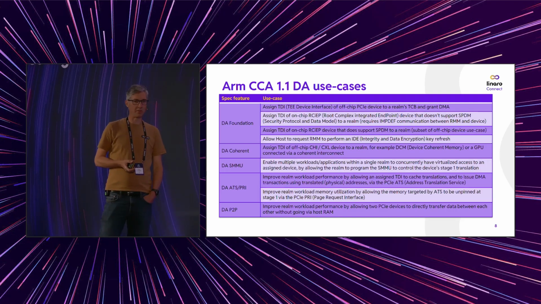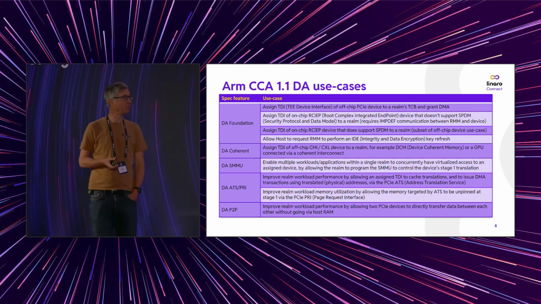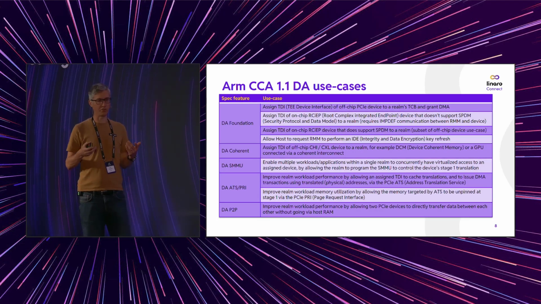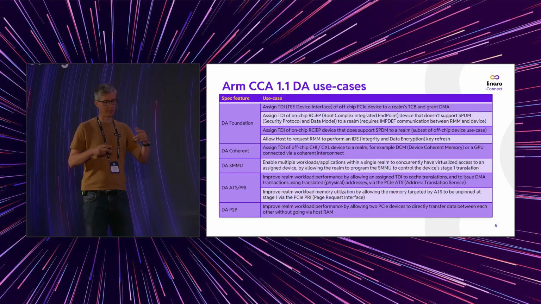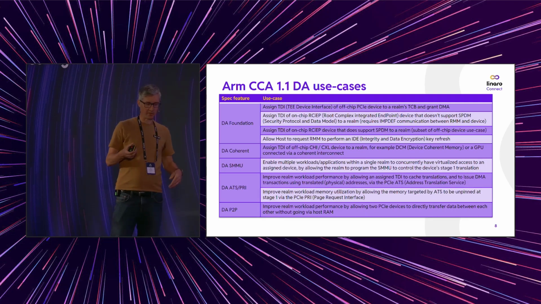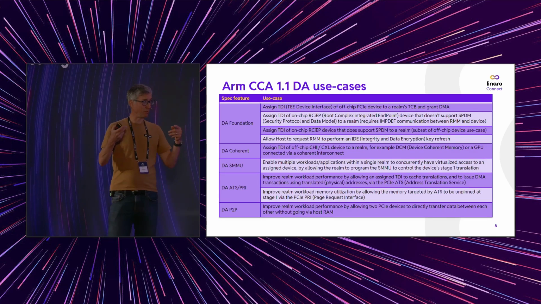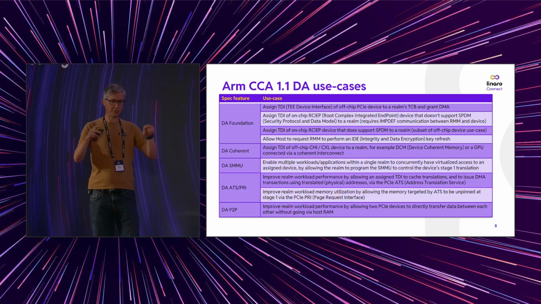ATS, again, is a PCIe defined interface for address translation, along with the page request interface. So ATS allows you to cache any translations and issue transactions using the physical address from that translation, so it reduces the number of lookups. And then the page request interface allows the memory targeted by the ATS to be unpinned.